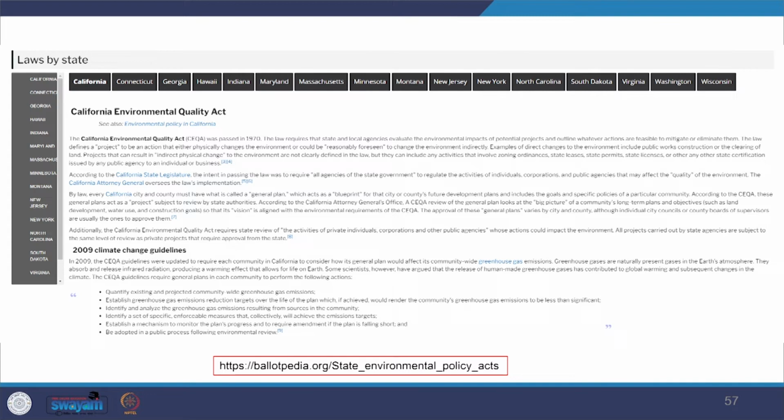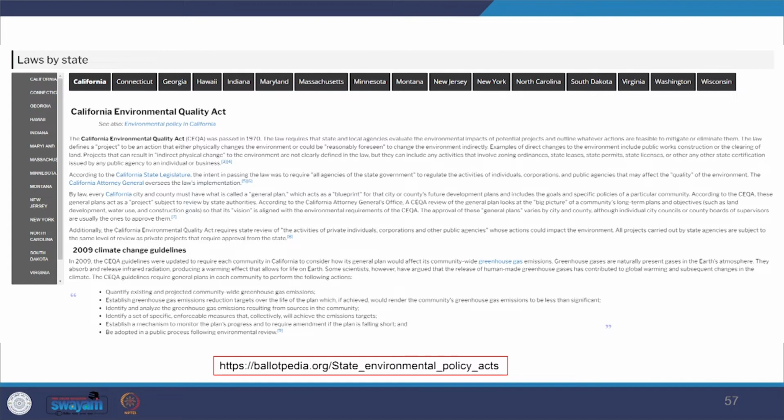So, you need to establish how much greenhouse gas emissions you are going to reduce, and identify and analyze the greenhouse gas emissions resulting from sources in the community. So, you need to identify from where the greenhouse gas emissions are happening. Further, you also need to identify a set of specific, enforceable, measurable measures that collectively will achieve the emission targets. So, what are your strategies, what measures you are adopting so that you can attain the target.